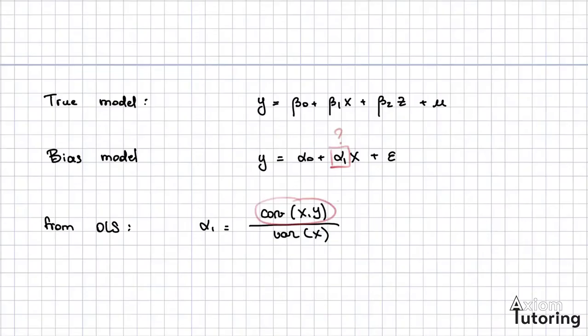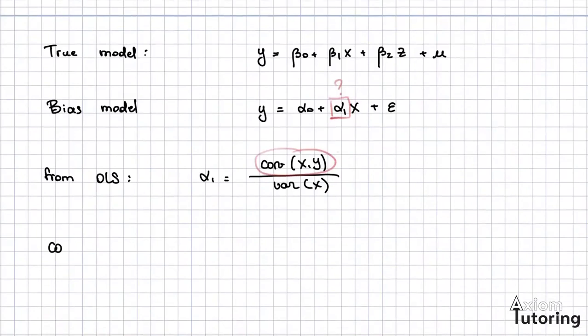The covariance of x and y can be equal to the covariance of x and y, where we substitute what we know y is from the true model. There's no need to include beta 0, since it's just a constant and there is no relation between a variable and a constant, so we can include the rest: beta 1 x plus beta 2 z plus the error term u.